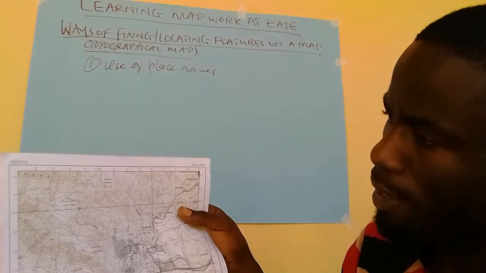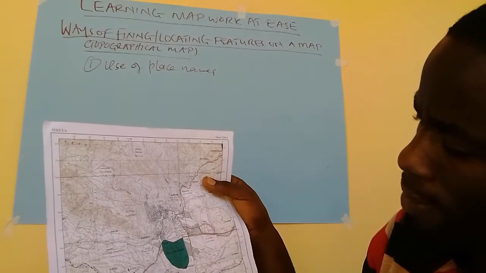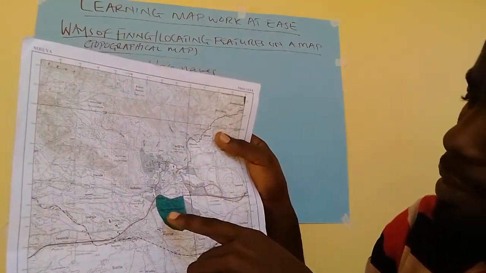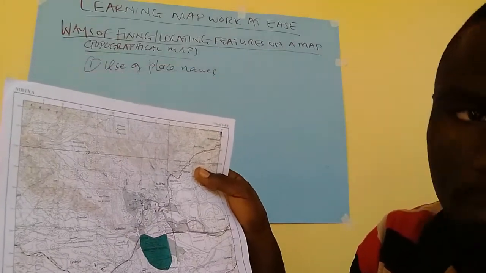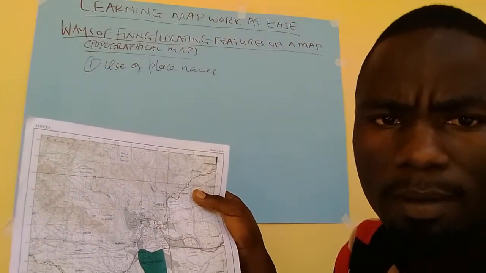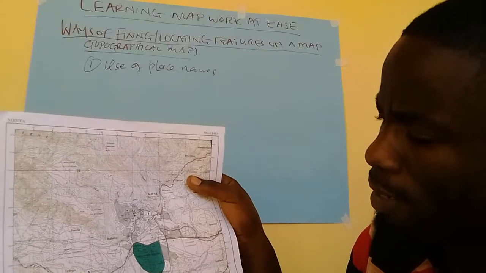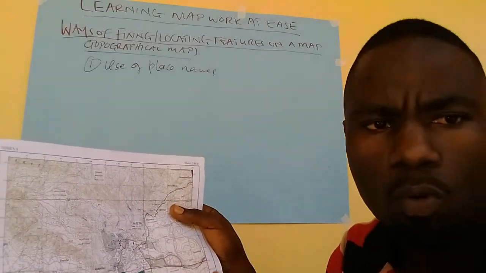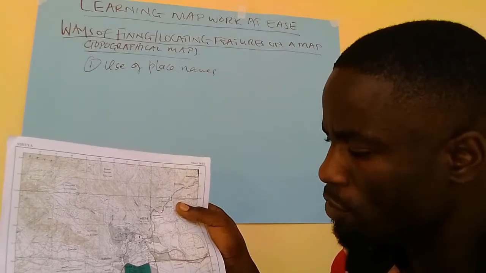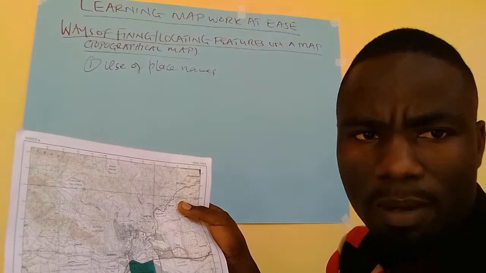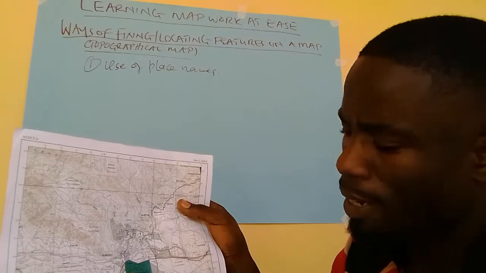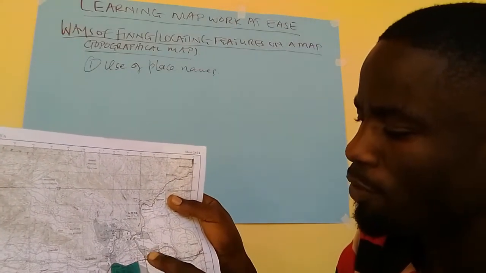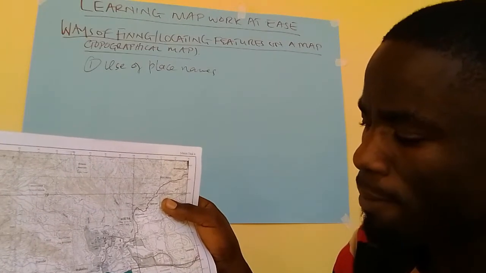For example, I'm having a map of Mbeya, and supposing I want to give an evidence of Mbeya Forest Reserve. Maybe they have asked for an economic activity that might be taking place in Mbeya, and I want to talk about tourism, where I'm seeing Mbeya Forest Reserve, which can be a tourist attraction. So I can tell the examiner that there is tourism evidenced by presence of a forest reserve at Mbeya.